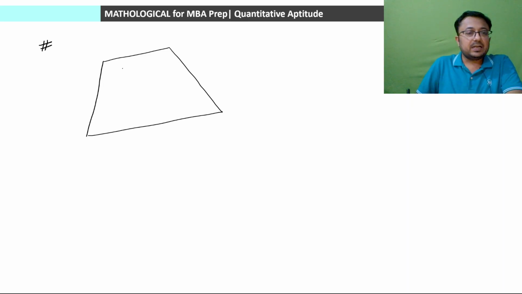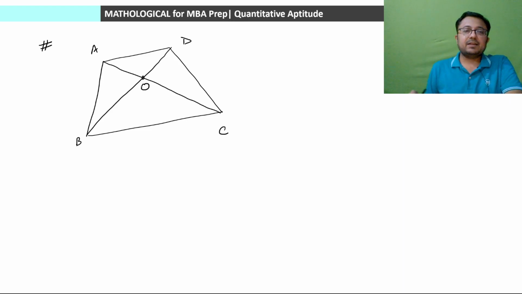If we have a general quadrilateral ABCD, and diagonals are intersecting at point O. Let us say area of part AOB is S1, of part BOC is S2, S3 for the part DOC, and S4 for the part AOD.